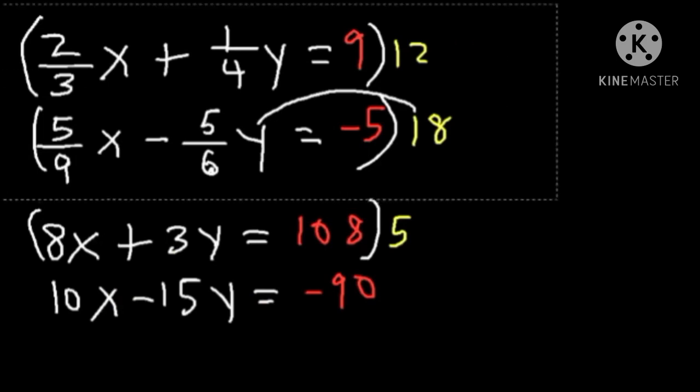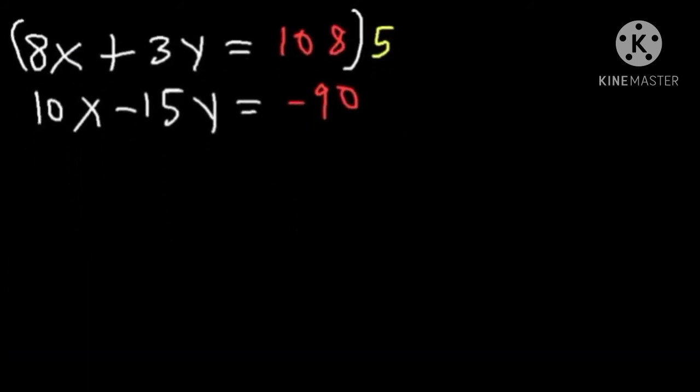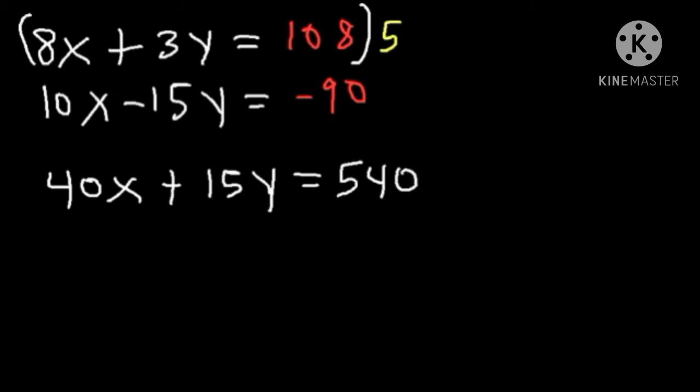We don't need this equation anymore, so let's make some space. 8x times 5 is 40x, and 5 times 3y is 15y. Now what's 108 times 5? 5 times 100 is 500, and 8 times 5 is 40, so 108 times 5 must be 540.